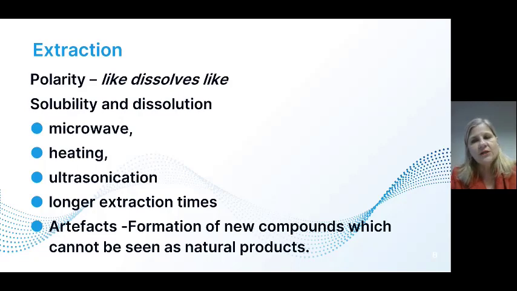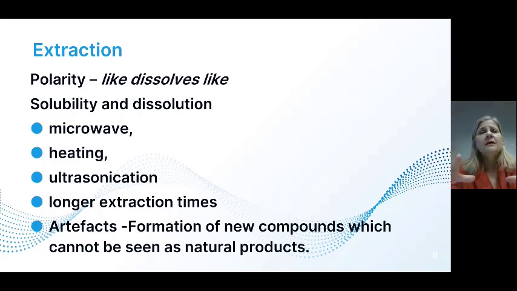Then when we get to the extraction step, you all know from chemistry 1 that like dissolves like, if we look at the polarity of the compound. Now, when we extract, we would like to extract as many metabolites as possible. And unfortunately, with one solvent system, you would not be able to do that, because you would either extract polar compounds or non-polar compounds.